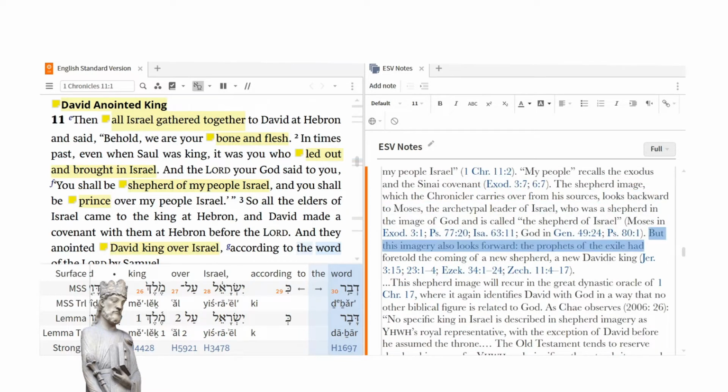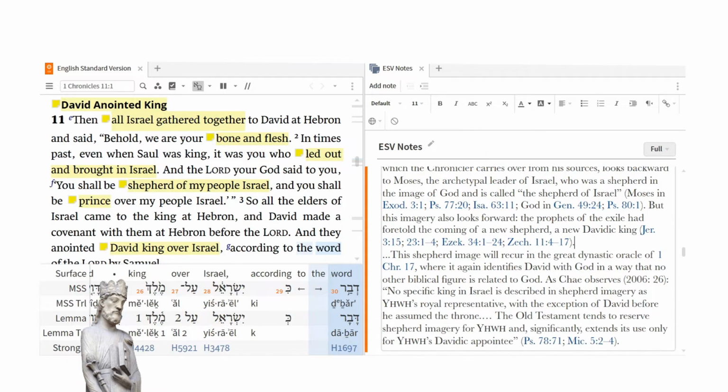But this imagery also looks forward. The prophets of the exile had foretold the coming of a new shepherd, a new Davidic king. Of course, this is messianic. It finds its fulfillment in Christ. This shepherd image will recur in the great dynastic oracle of 1 Chronicles 17, where it again identifies David with God in a way that no other biblical figure is related to God.